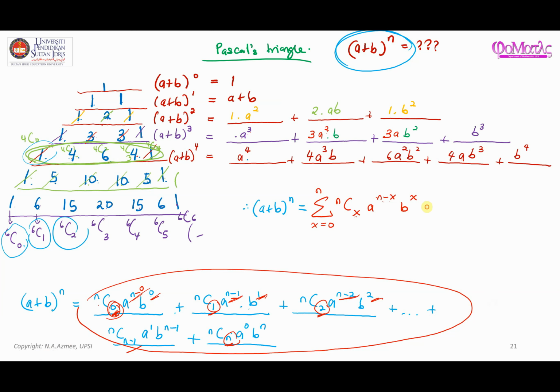this is just the sum over x equals 0 to n of C(n,x), b^x, a^(n-x), and this is something that you have seen before.